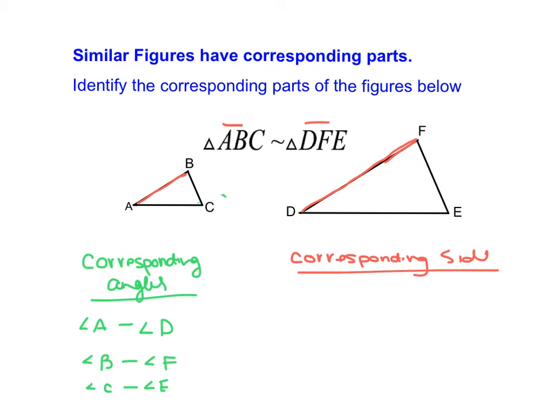So here I can say, well, because AB, so I'm going to put AB and then put a little line above it to say it's a side length, and DF, because those are the first two letters, those are corresponding sides that are going to be similar sides. If I then look at the next two letters, which are B and C and F and E, again, I have two side lengths that are corresponding.